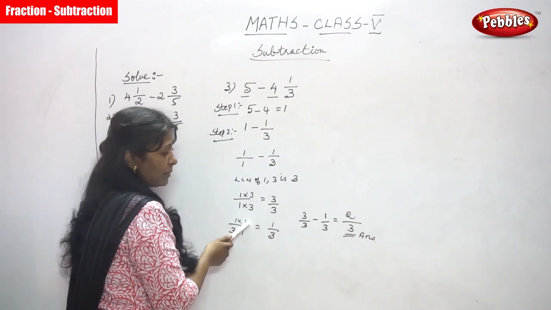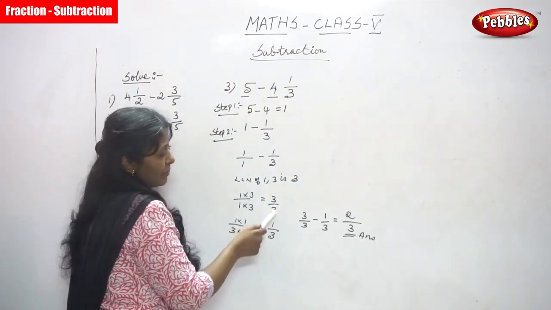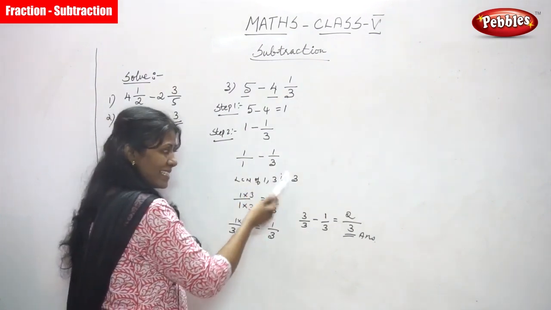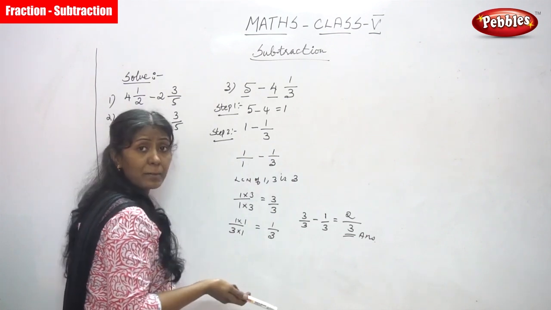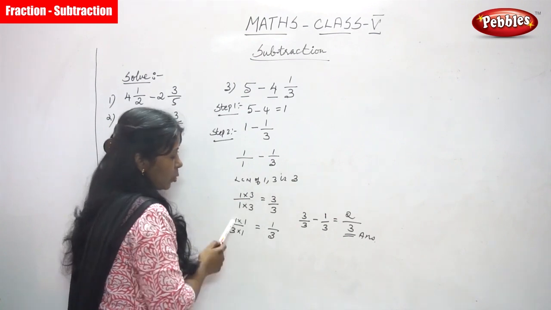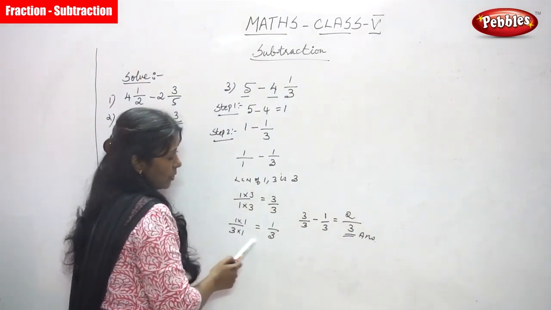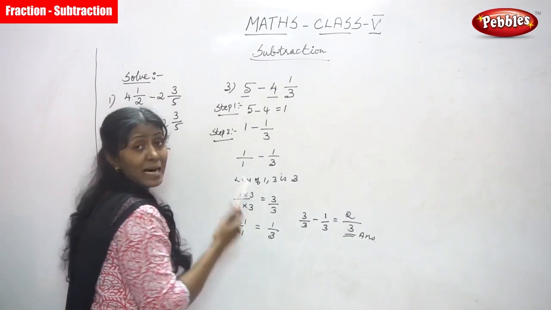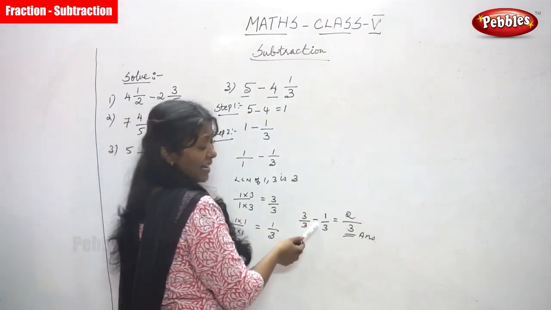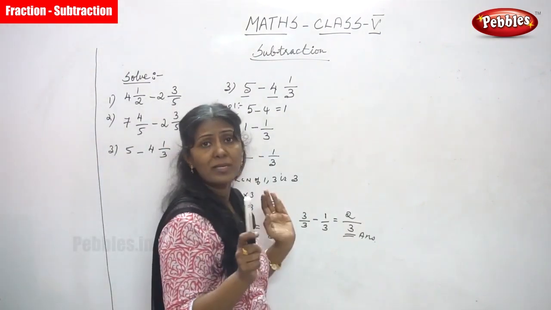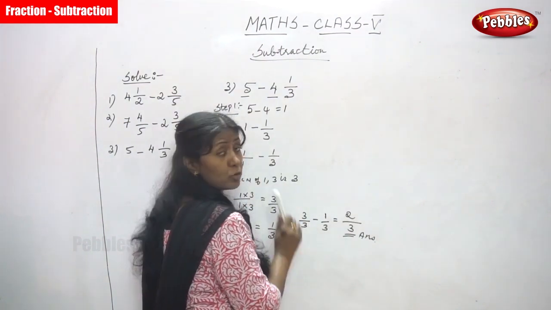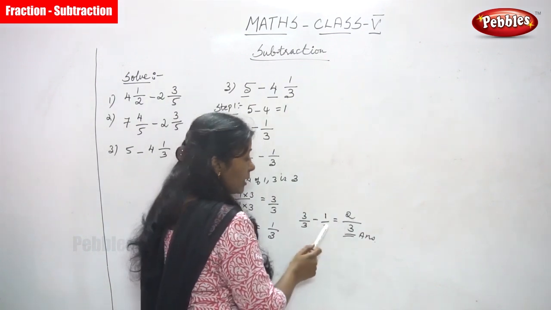If the denominator is multiplied by 3, the numerator is also multiplied by 3. So you get 3 by 3. Here 1 by 3, the denominator is 3 and the LCM is already 3, so I multiply by 1. 1 into 1 is 1, 3 into 1 is 3. Both denominators are same, so you have to add or subtract the numerators, but here a subtraction sign is given, so you subtract the numerators. 3 minus 1, you get 2 divided by 3.